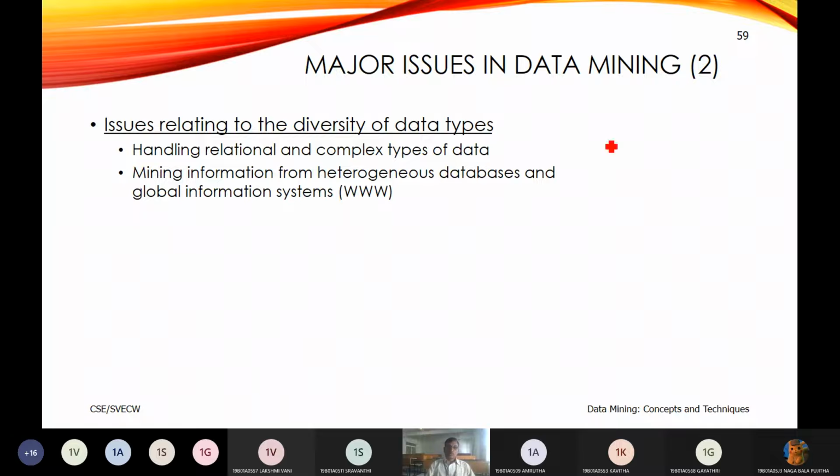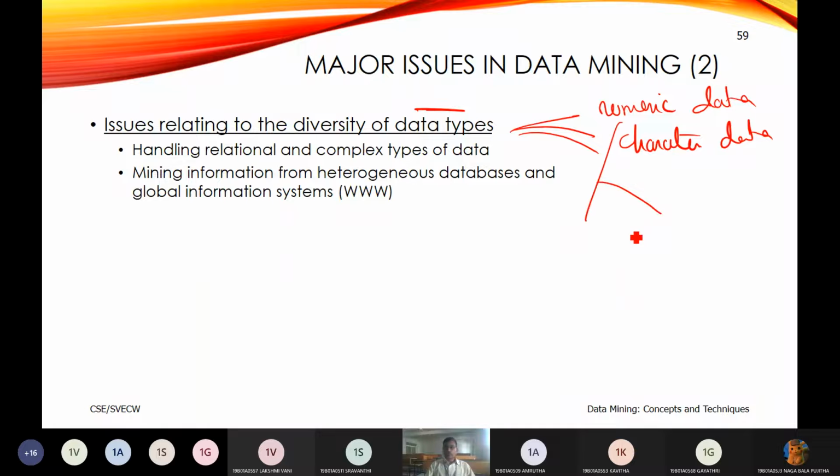The next thing was, what are going to be the different data types it is looking at. So mostly it works with numeric data, or it is going to work with character data. Mostly it goes with numeric data or character data.